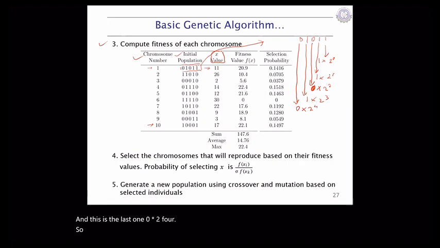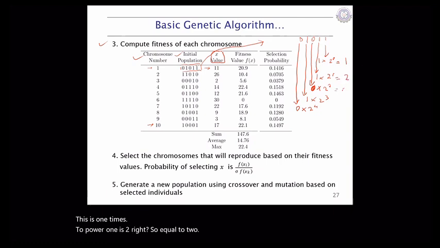So this one, the first one, how much is this? We get 1 times 1, right? So equal to 1. This is 1 times 2 power 1 is 2, right? So equal to 2.